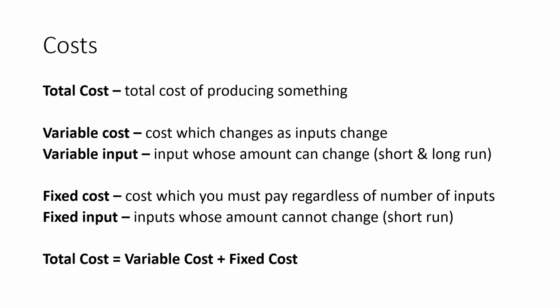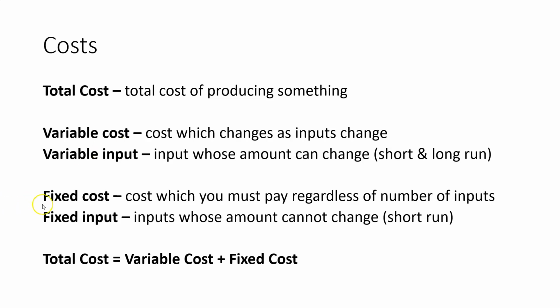So you can change labor. Labor is the classic example of a variable input. You can change it because you can walk in one day if you're the boss and just fire everybody. Okay, you have no more labor left. So variable inputs can change, and we find them changing in both the long run and the short run.